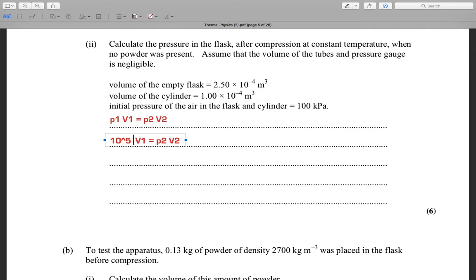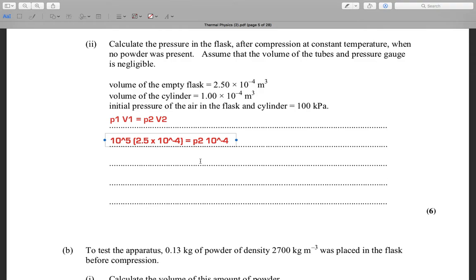Volume 1 is 2.5 times 10 power minus 4, equals P2, the final pressure, and then V2 equals 1 times 10 power minus 4, the same number as this, so copy there.